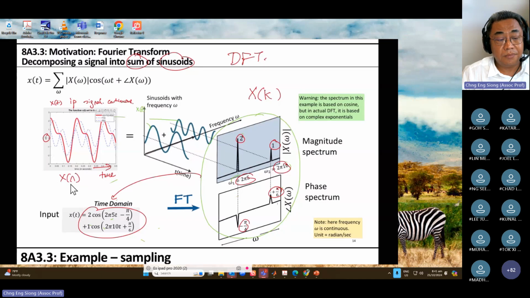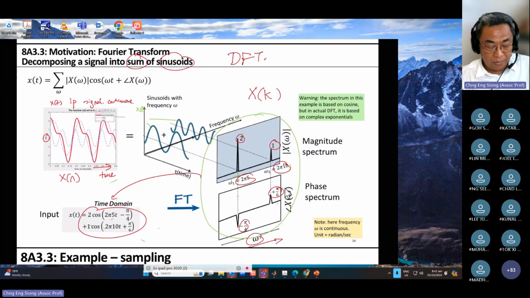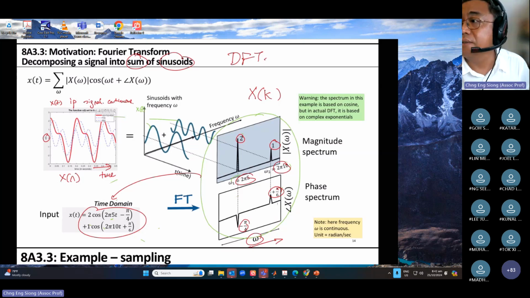Okay, so I repeat. I'm now going to introduce DFT. The input to the signal is no more x of t, it is x of n, because we only have n samples. X of k, the k is representing the frequency later on. All right. Any questions, guys?